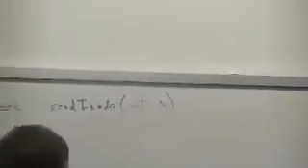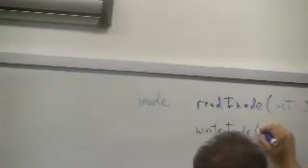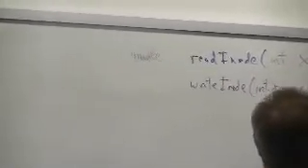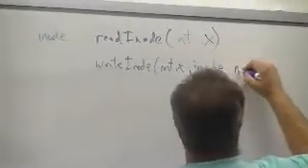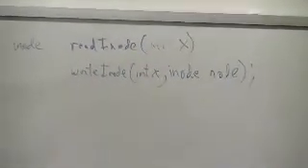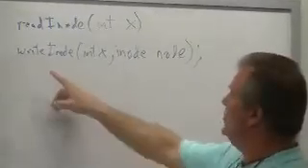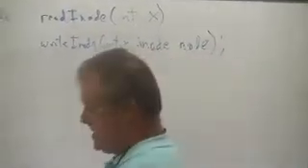How about this one? Write inode, with an inode and an int x. Dr. Morris, when you need to execute to? No, no. You don't execute an inode. And by the way, what's the return type of this?